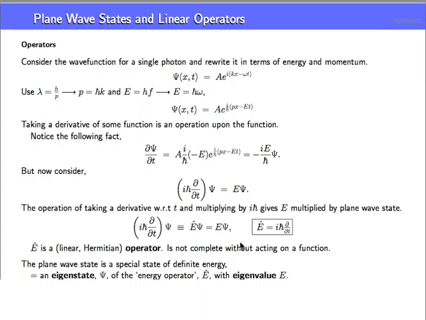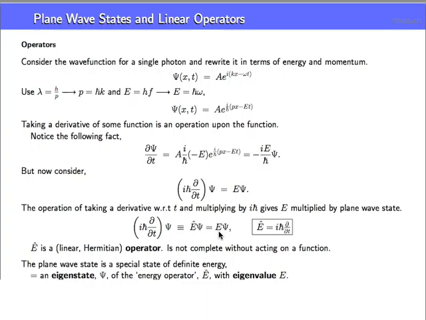I'm just introducing terminology here, that's all I'm doing. But psi has to have this special nature, not any function can do this. When you operate on it, you get the same function back, but multiplied by some constant. That's what's called an eigenfunction or eigenstate.